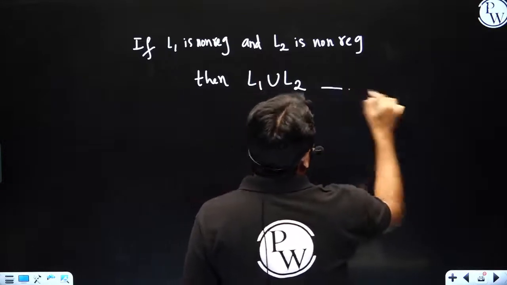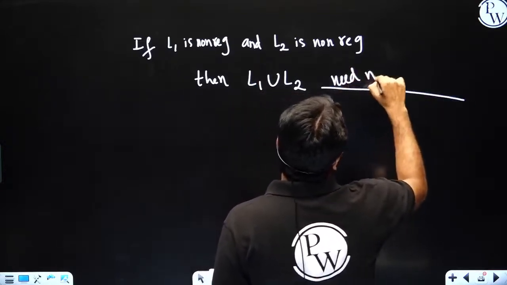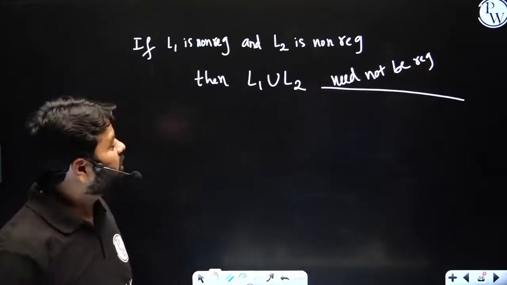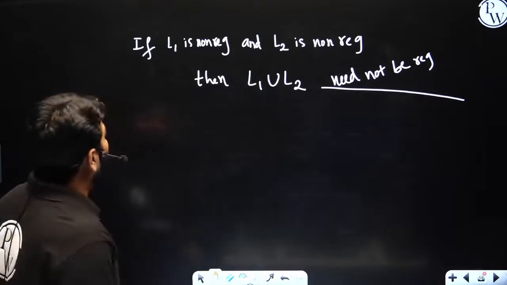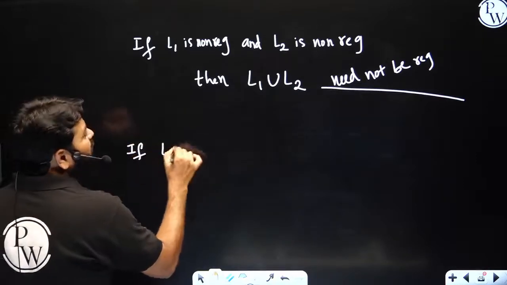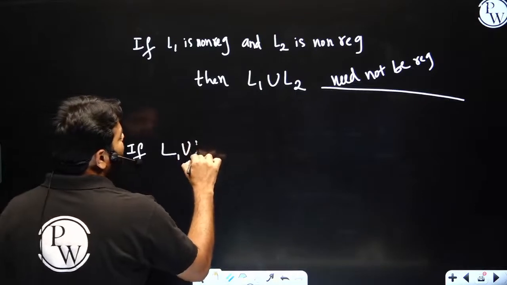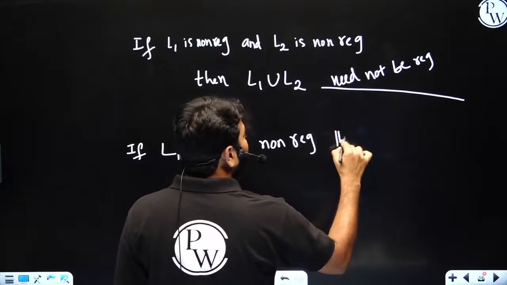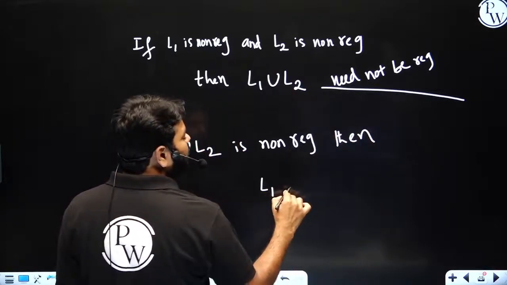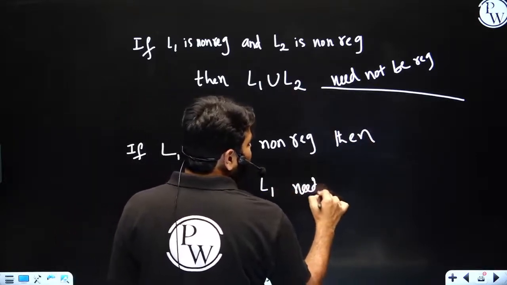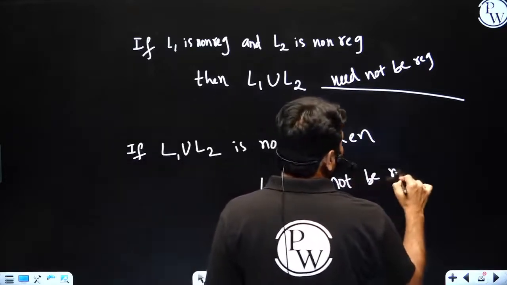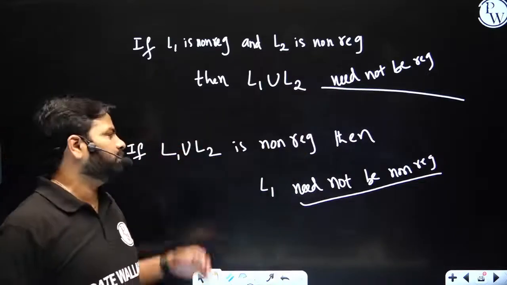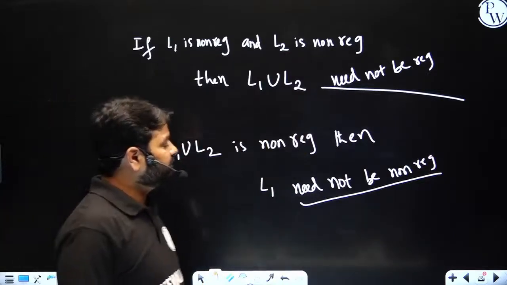A very dangerous statement, need not be regular. In this case also we got need not be regular when we were looking at the union operation in the beginning. And the second statement, which is completely different: if L1 union L2 is non-regular, still we do not know what L1 and L2 are, then L1 need not be non-regular. It could be even finite, or it could be even infinite, or it could be regular. Anything is possible here.